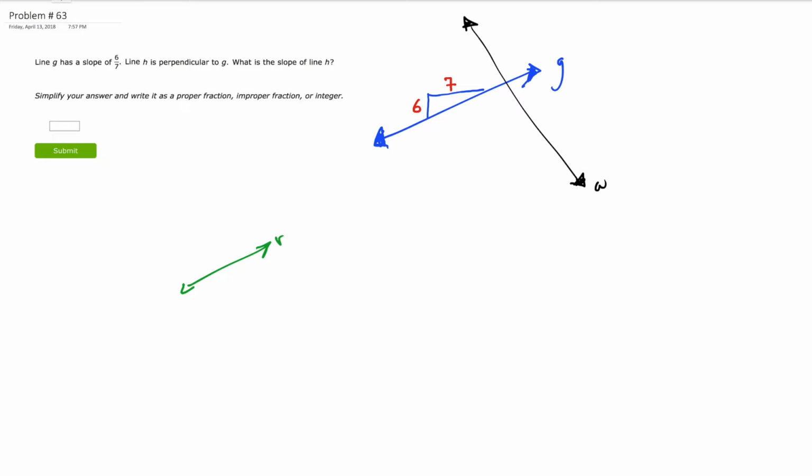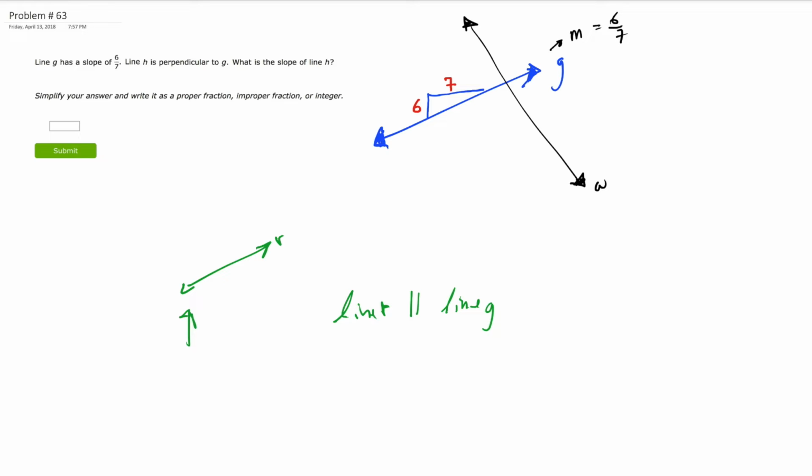Yeah, if line R down here is parallel to line G, what's going to be line R's slope? Yeah, so line G slope, m, is equal to 6/7.